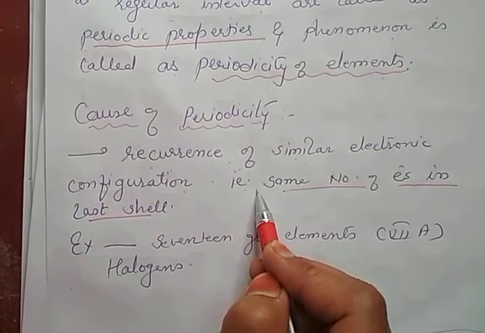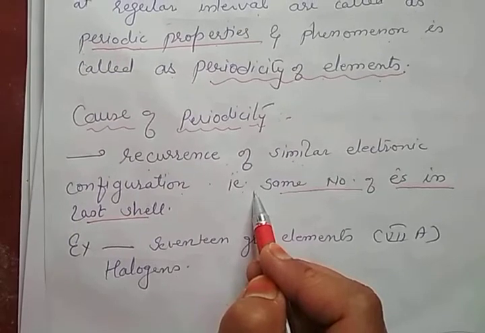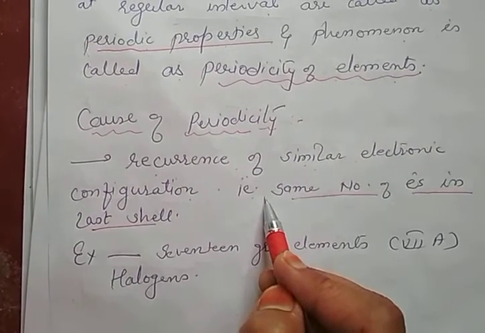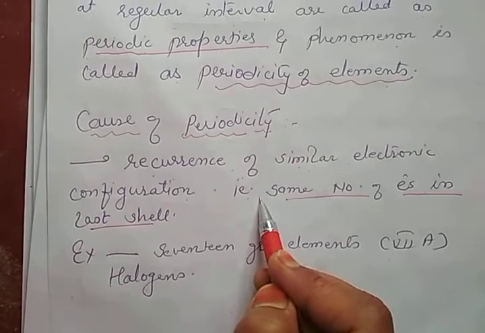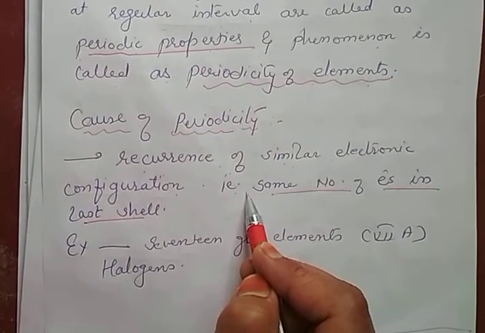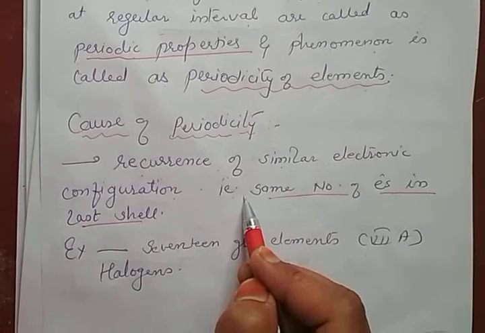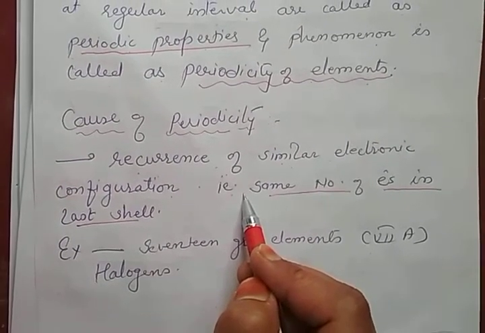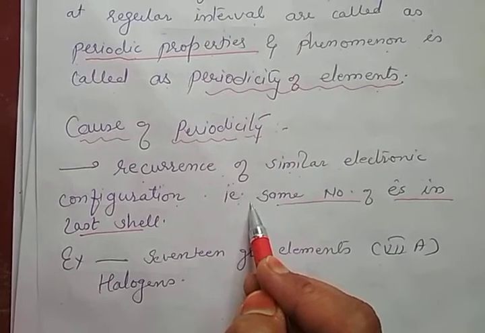I remind you, we already know that the number of electrons present in the last shell is responsible for the properties of the elements. The chemical and physical properties of the elements are based on the number of valence electrons present in the last shell.